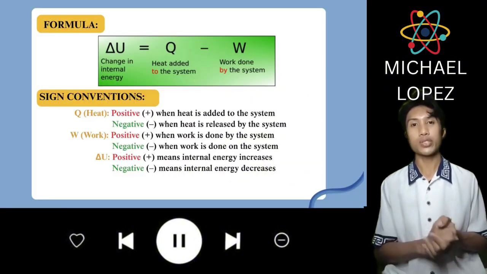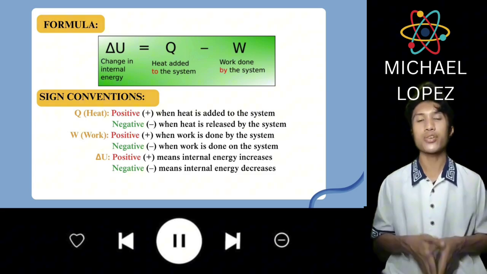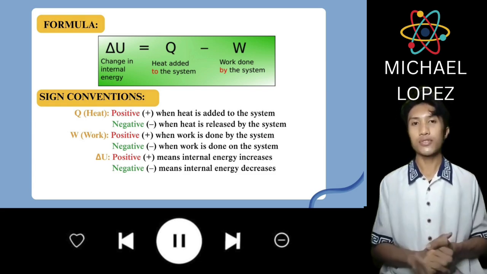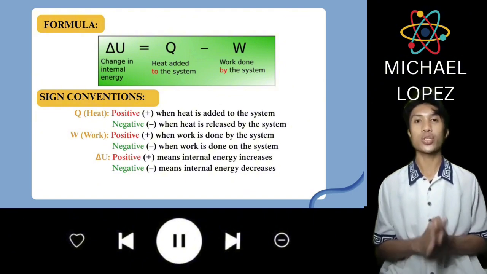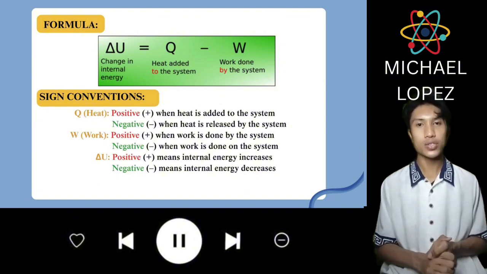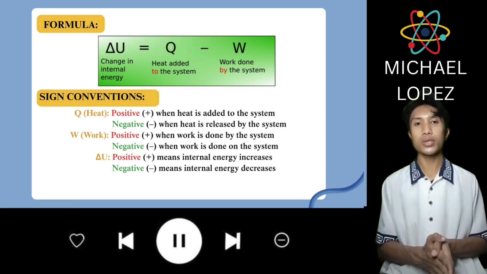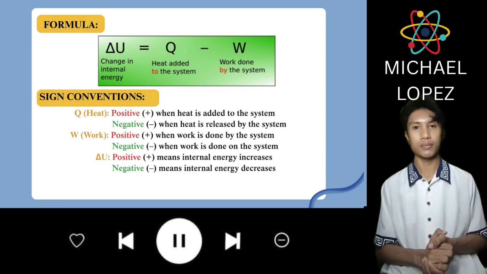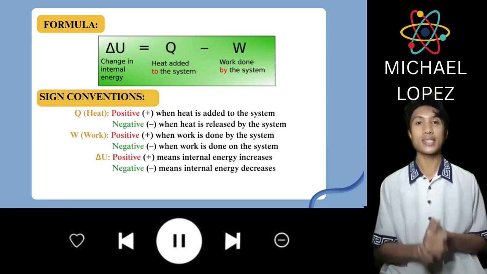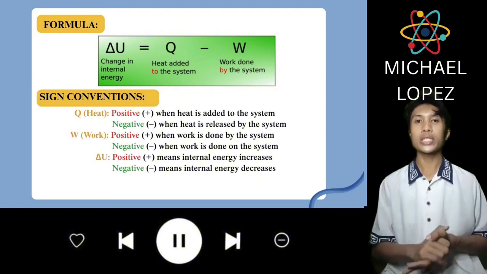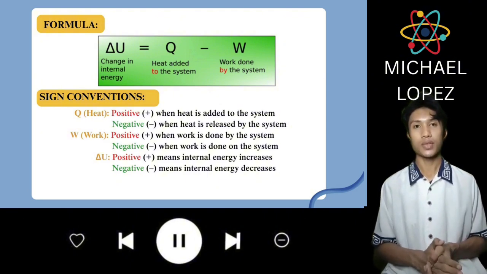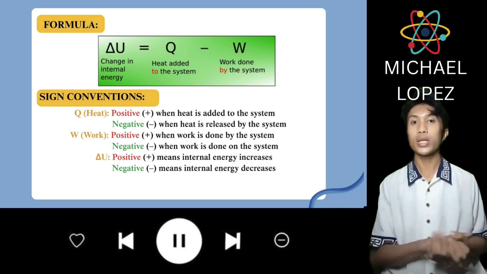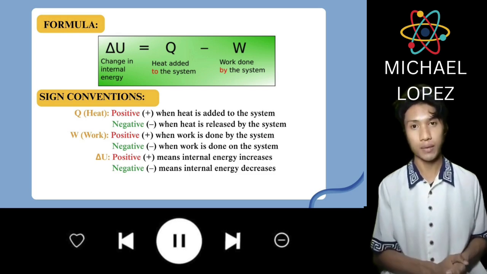Let us now proceed to how to solve problems in a thermodynamic system given this formula: change in internal energy is equal to Q, or heat added to the system, minus W, or work done by the system. Here are the sign conventions. Q, or heat, is positive when heat is added to the system and negative when heat is released by the system.